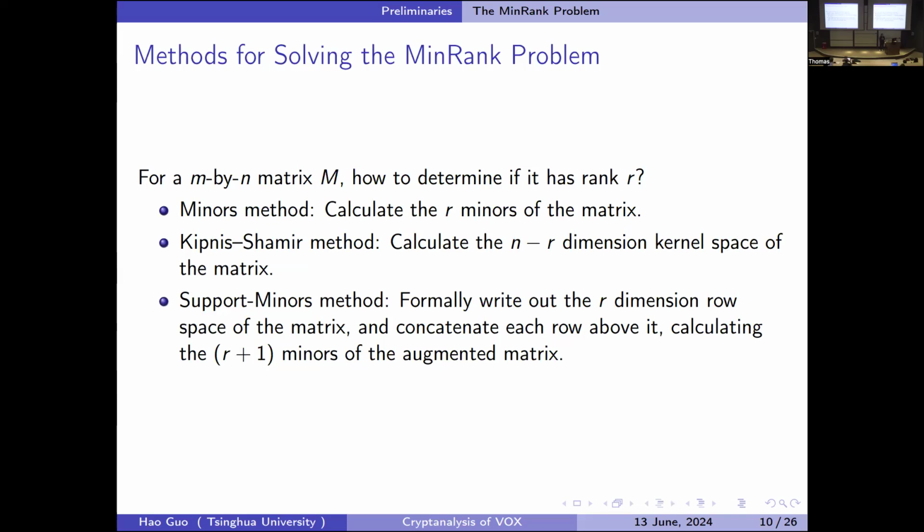So for an n by n matrix M, there are 3 main methods to solve the MinRank problem. They all correspond to different representations of the rank condition. The first is the minors method, which naively calculates the r by r minors of the matrix. Sorry, the r plus 1 by r plus 1 minors of the matrix.